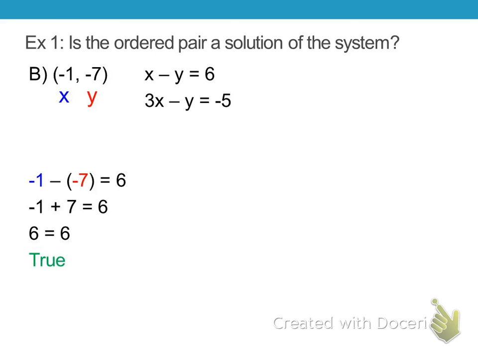Plug it into the second equation. So we have 3 times negative 1 minus negative 7. So negative 3 plus 7 equals 5. What do you think? Does negative 3 plus 7 equal 5? No. It doesn't. It equals 4.